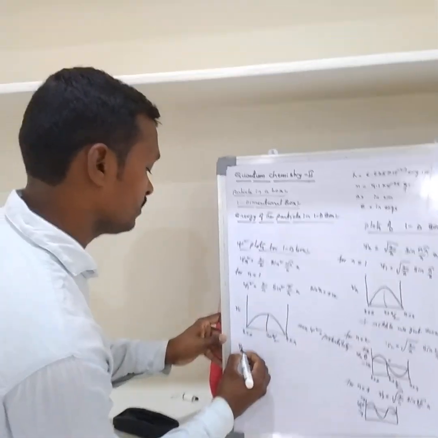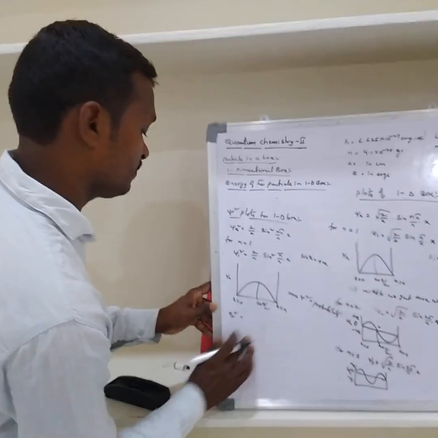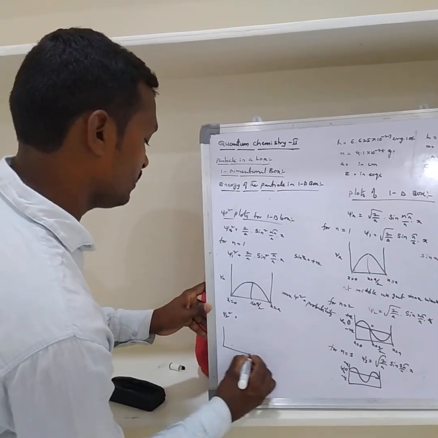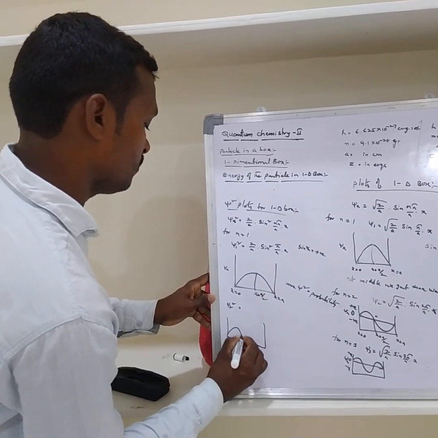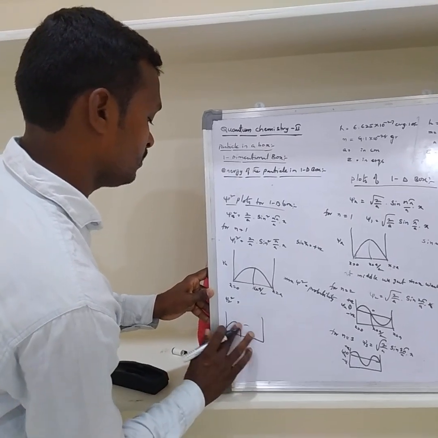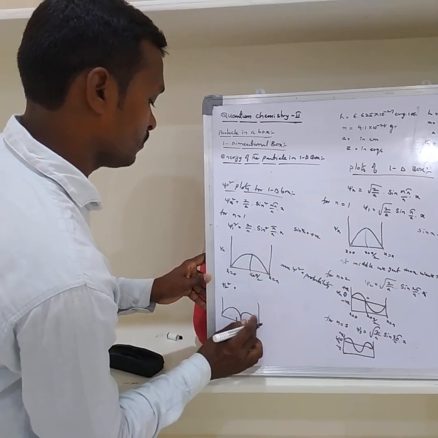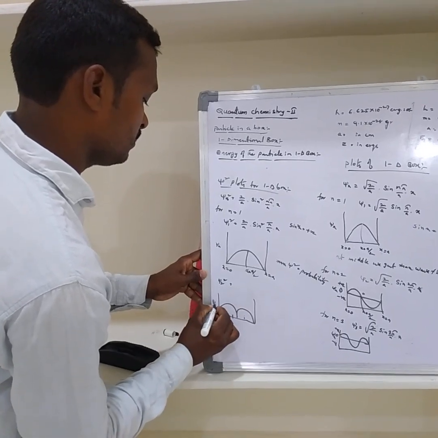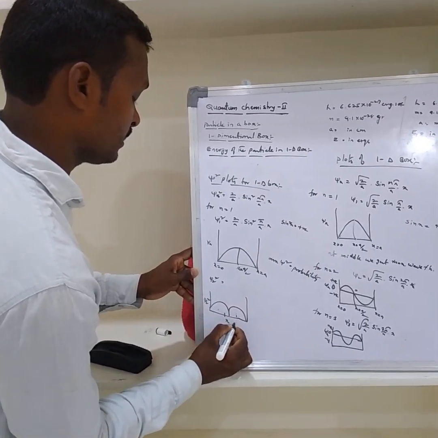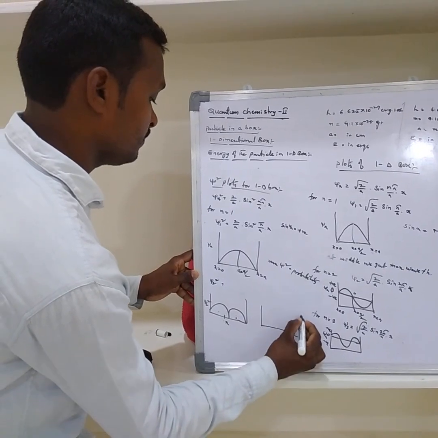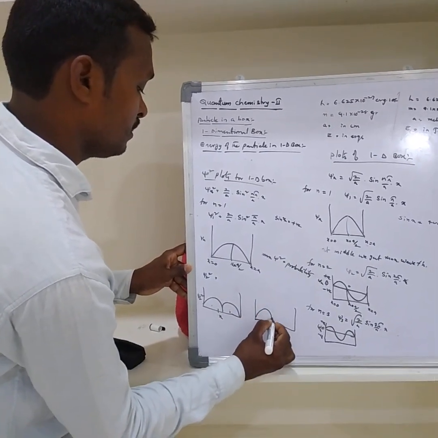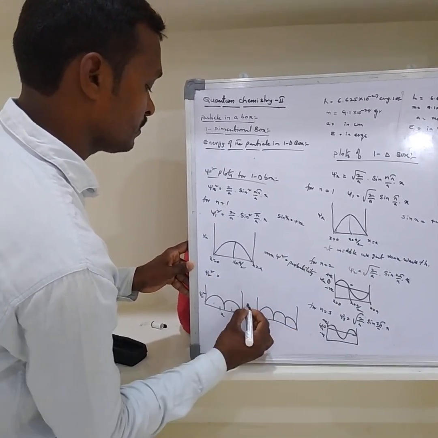Similarly, psi 2 square has 2 half nodes, psi 2 square versus x. Similarly, psi 3 square has 3 half nodes.